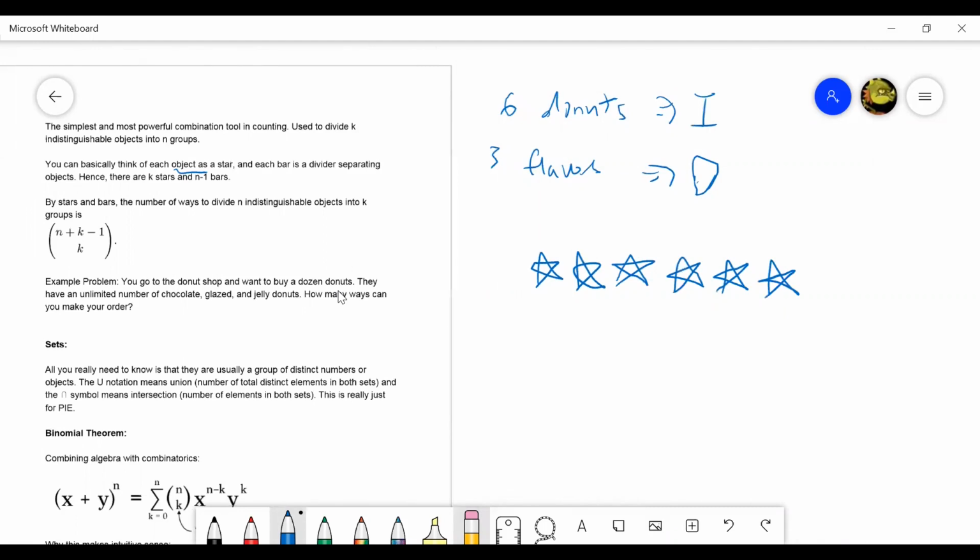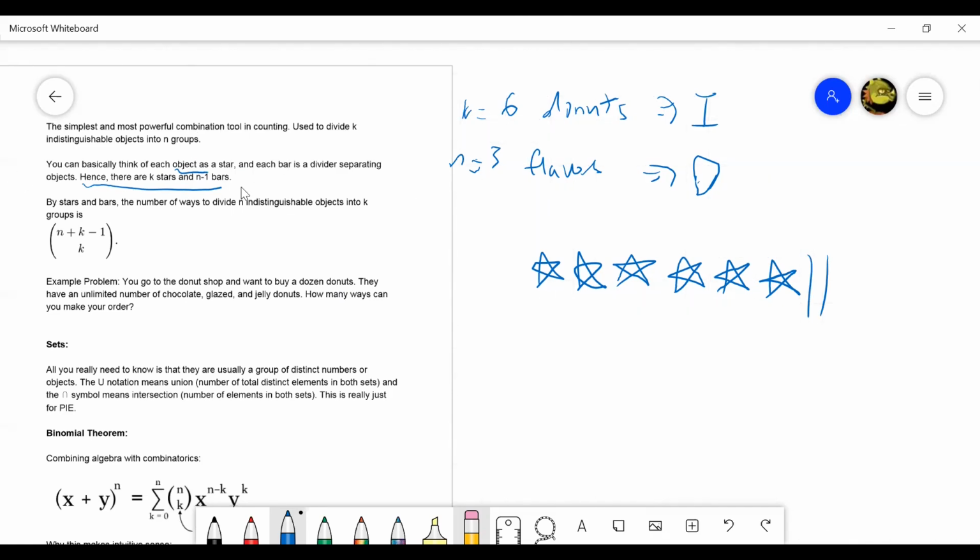If you read here, there are going to be k stars and n-1 bars. So k equals 6 here, n equals 3. That means we'll have n-1, or 2 bars. You can think of them as just 2 lines here. By stars and bars, the number of ways to divide these objects into the groups is this expression right here, n plus k minus 1 choose k.